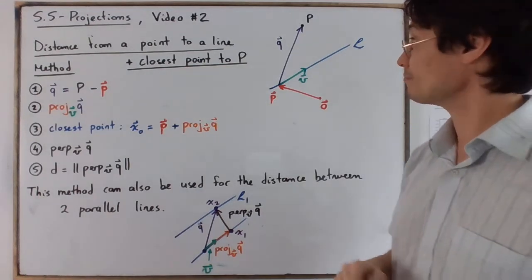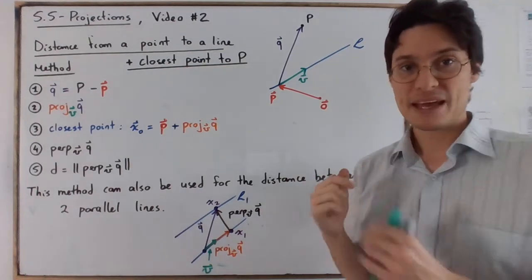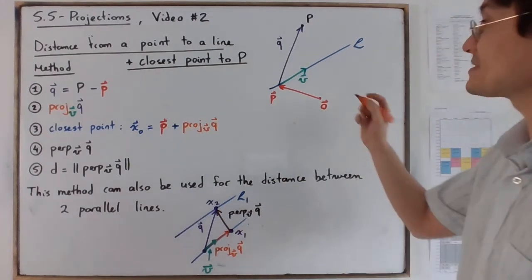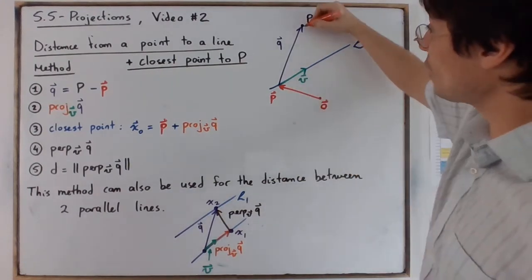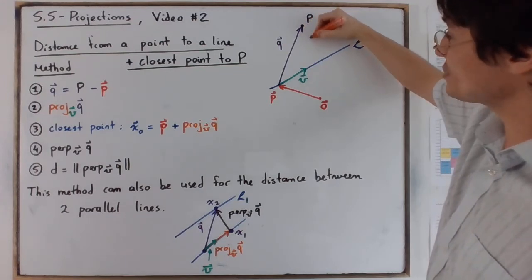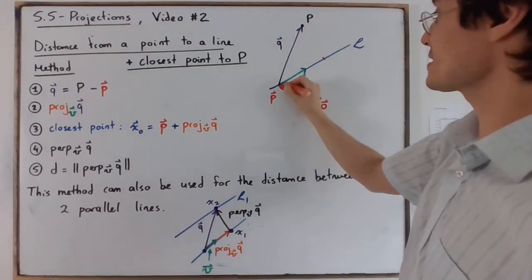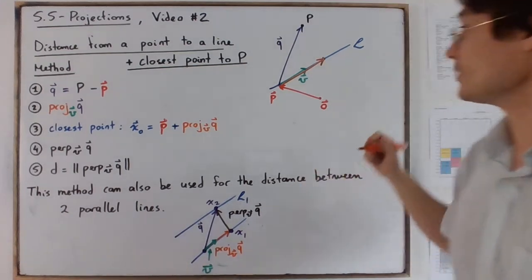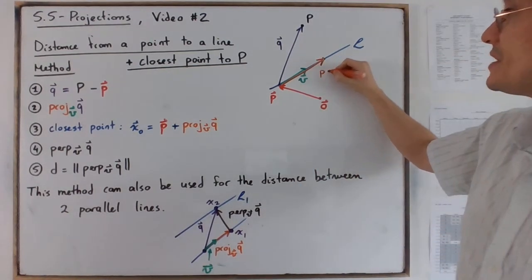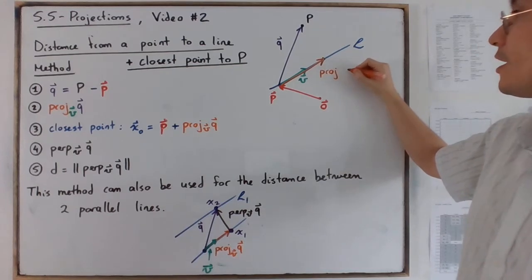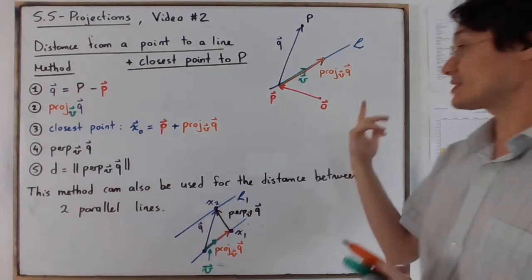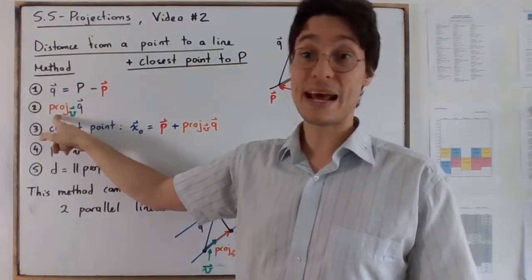The second step is to use the projection concept that we have seen in the last video. What we want to do is project this here. This will be the projection of Q on the vector V. This is step number 2. You want to figure that out.